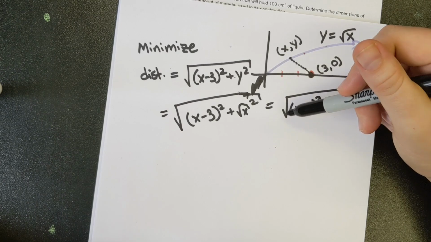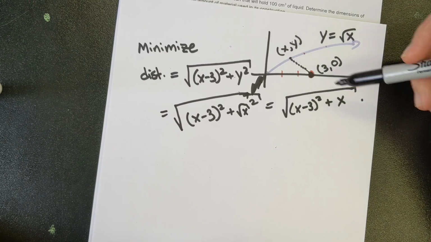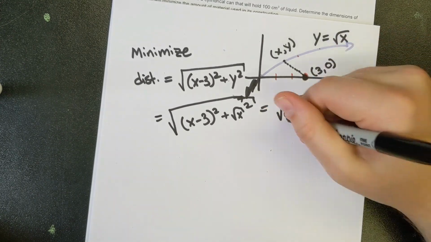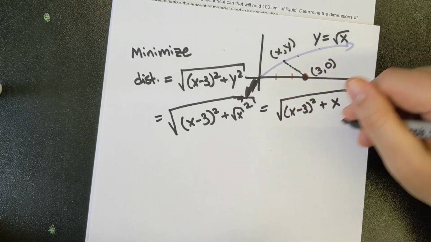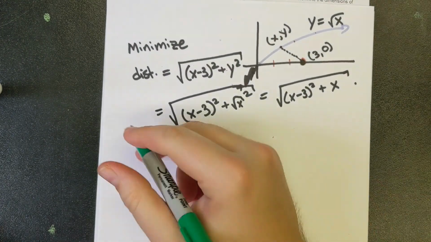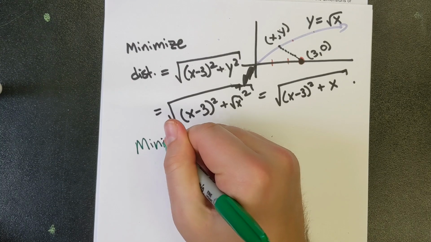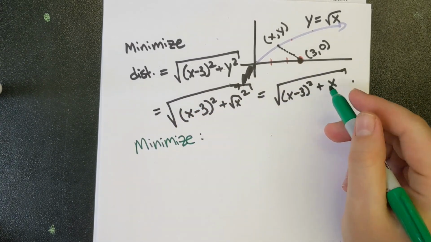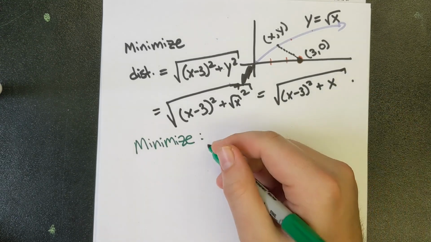But I look at this and I'm like, I don't want to deal with that square root. Fortunately, I don't have to. Just remember, the square root of this whole thing is at a minimum when the inside is at a minimum. So instead of minimizing this thing, I can just minimize the inside, because if you make the inside as small as possible, then the square root of it will be as small as possible.